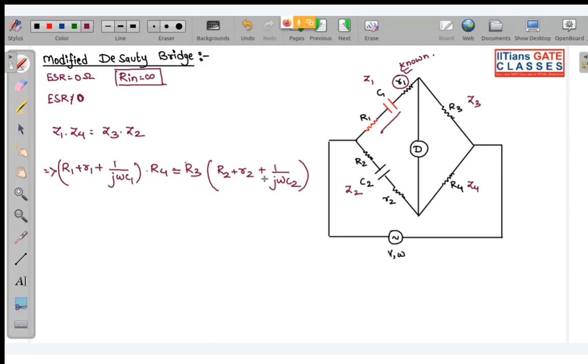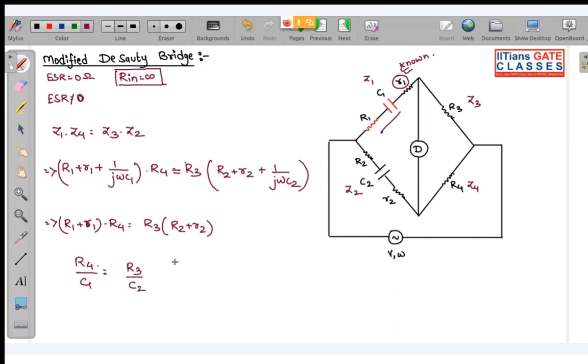Okay, so what we can do now, R1 plus small r1 into R4 is equal to R3 into R2 plus small r2. And over here we have what? R4 by C1 is equal to R3 by C2.